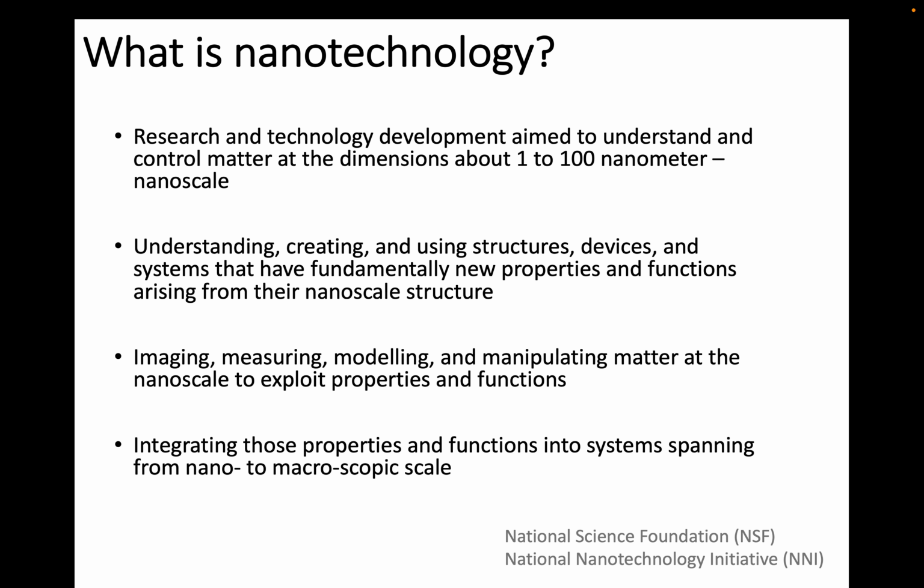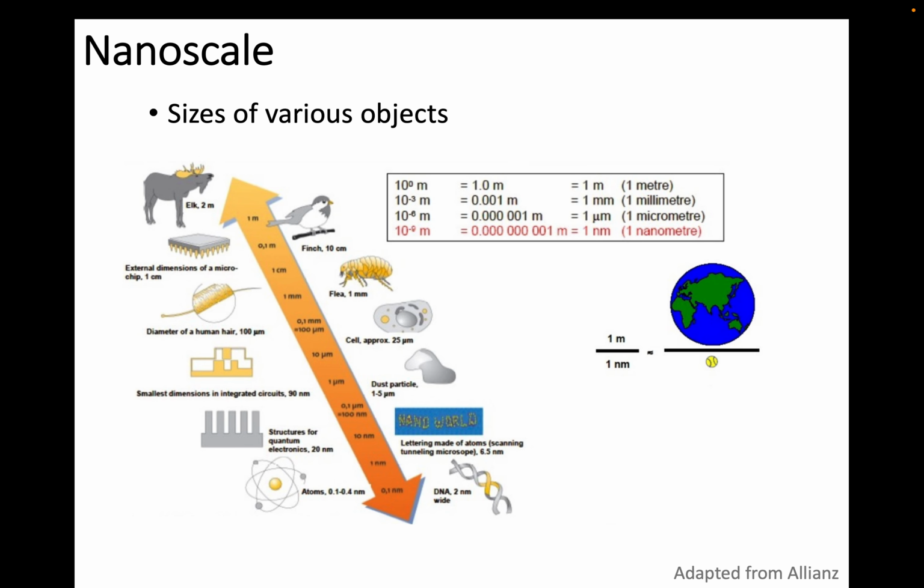Okay, how can you scale up nanomaterials and maintain those unique or excellent properties? Those are also part of nanotechnology. Okay. So in that sense, nanotechnology is a very broad area, and we will see some examples in this course. Okay. So let me start with this nanoscale.